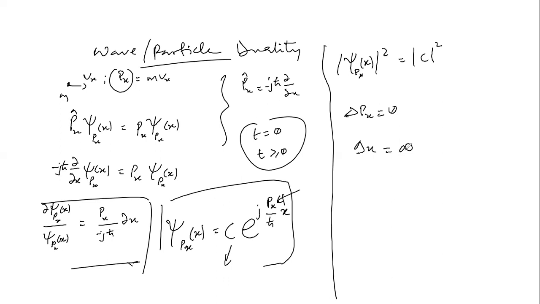Now, if that is clear, then it means that the particle can be anywhere with equal probability.